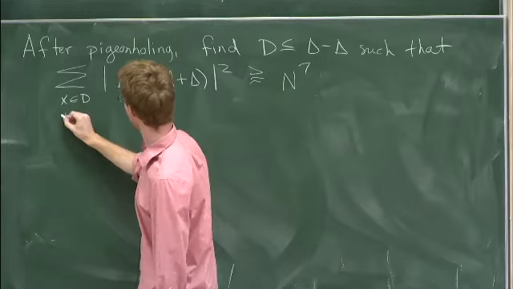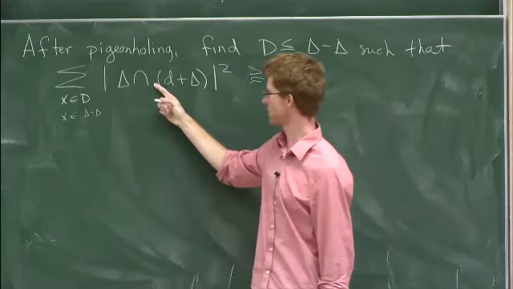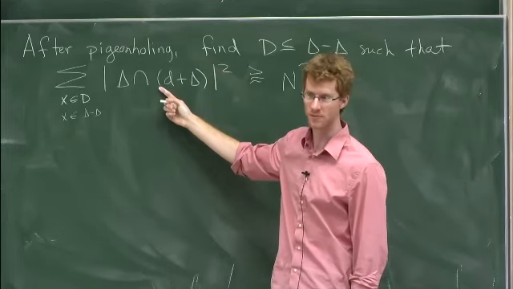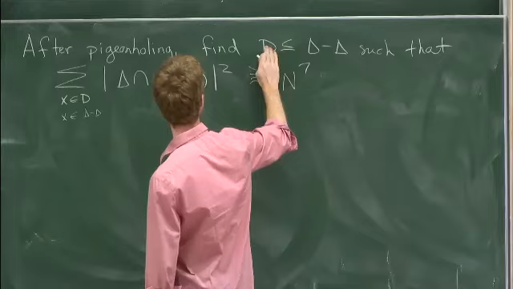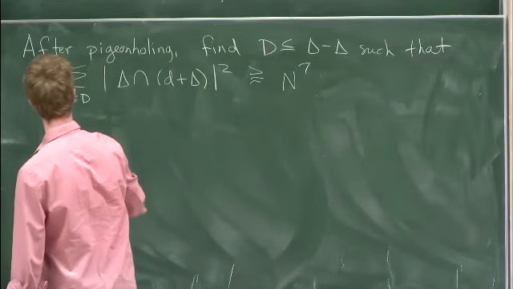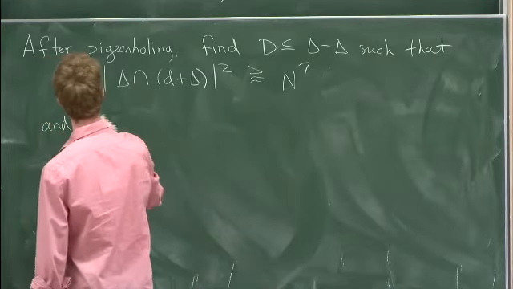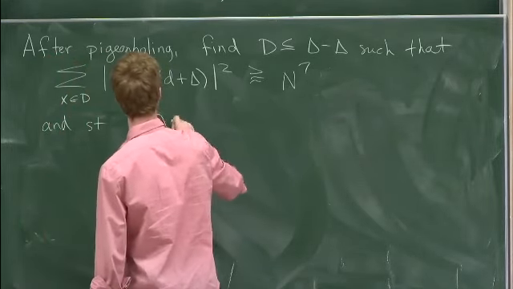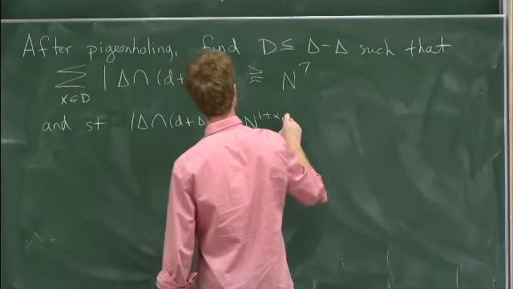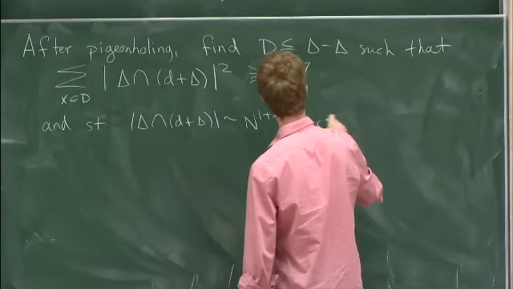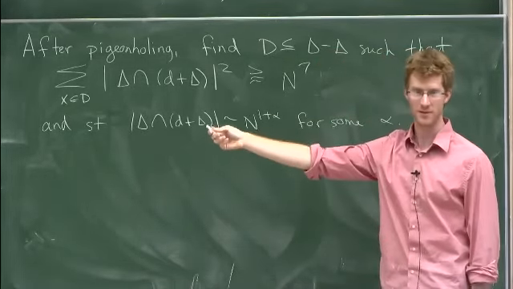If I had had this sum be over all x in the difference set delta minus delta, then this expression is just the additive energy. It's the number of 4 tuples. And what I'm claiming is that I can restrict to a subset D here that gives me all of the energy up to some logarithmic error, and such that this number is constant for x in D. And this number alpha is going to be the same as that number alpha over there.